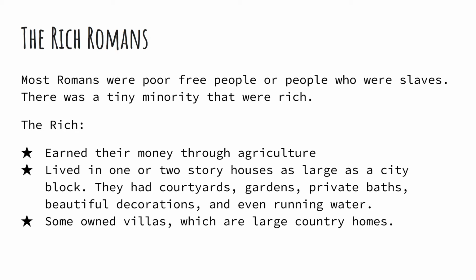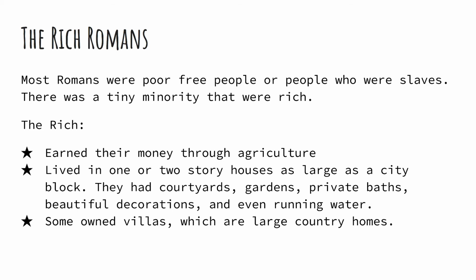So these are massive houses. They had courtyards, gardens, private baths, beautiful decorations, and even running water. Having running water in your house was a prime luxury in ancient Rome. And some owned villas, which are large country homes. So the regular house was as big as a city block, and then villas were much bigger.